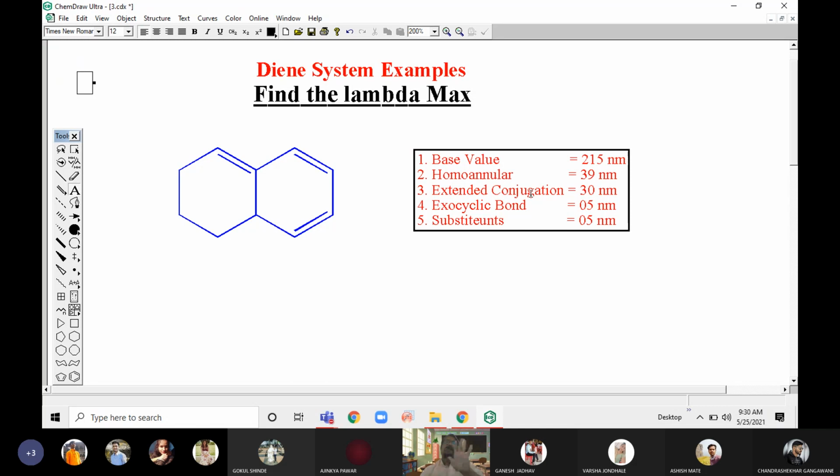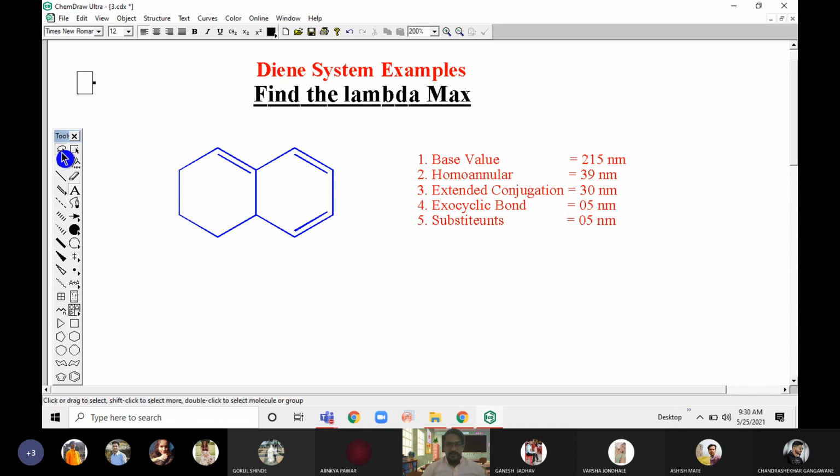Extended conjugation. See, for finding the extended conjugation, you should highlight which Diene system you are going to consider. Here in this structure, I will highlight this bond. See, this one bond and these two bonds. So this is my Diene system.